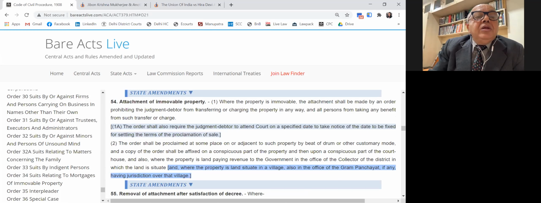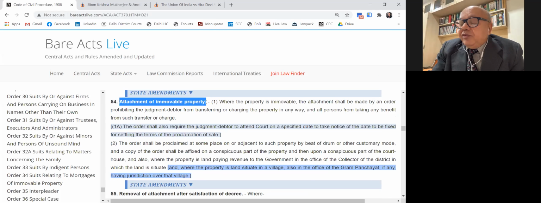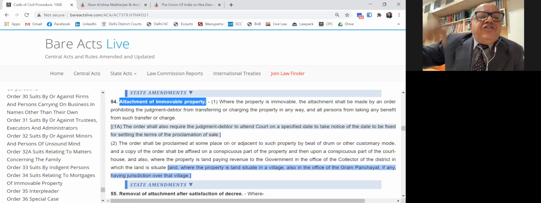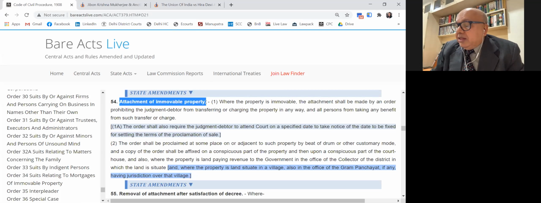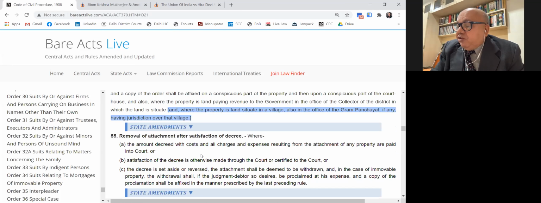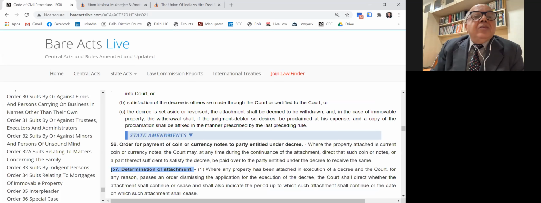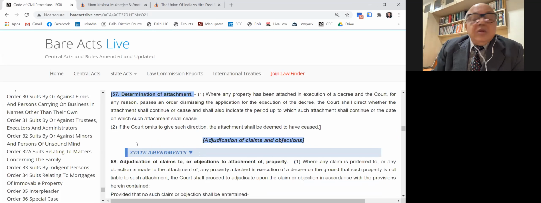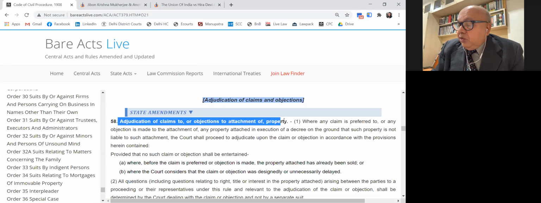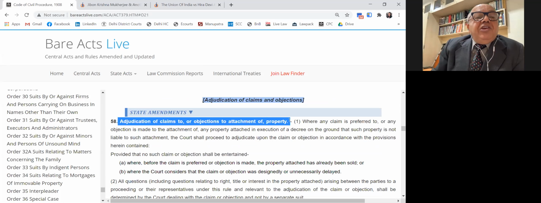Order 21 Rule 54. ये हो गया attachment. The next step: उसके बाद under Order 21 Rule 54 attachment के बाद adjudication of the claim is given. Order 21 Rule 58. Kindly see that. Order 21 Rule 58, adjudication of the claim.